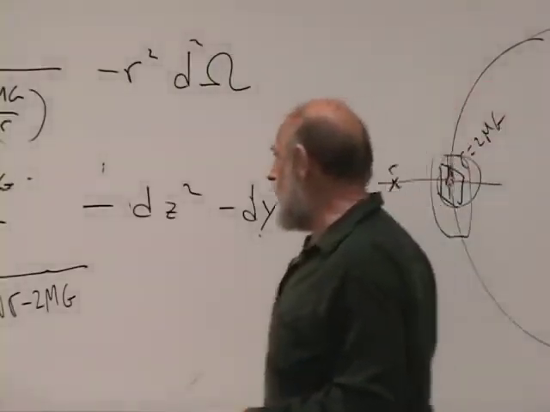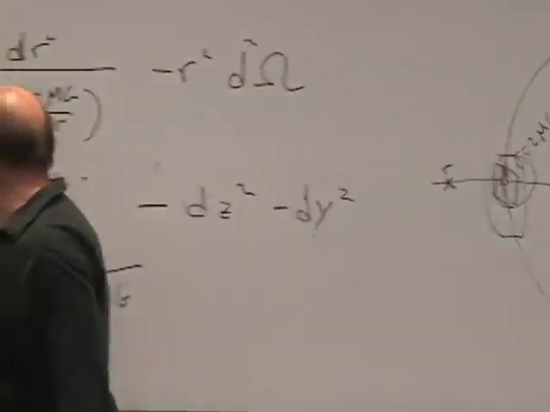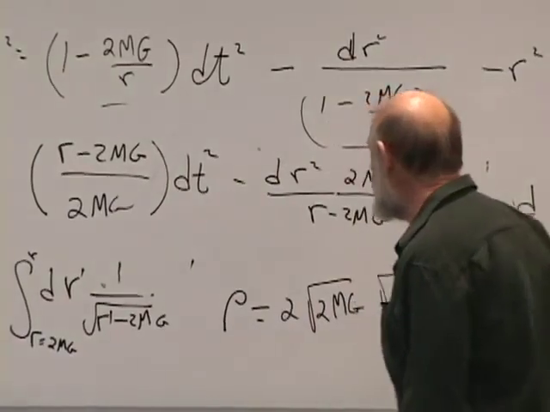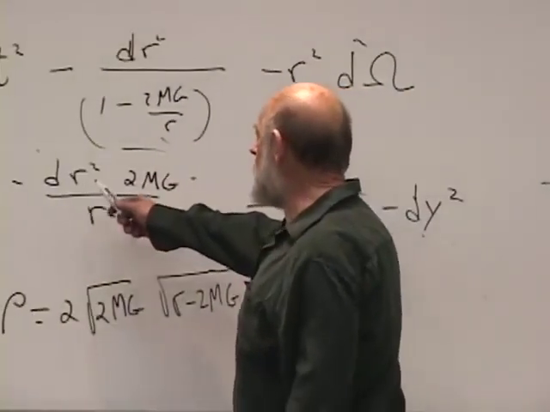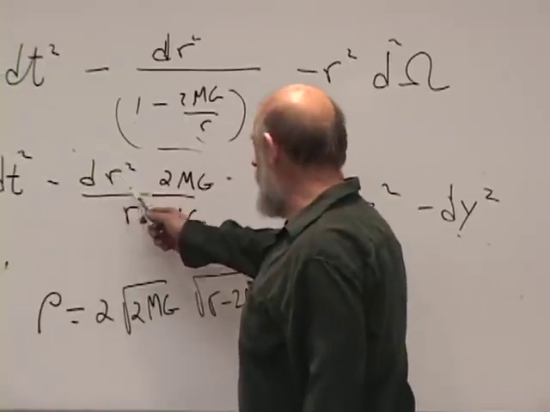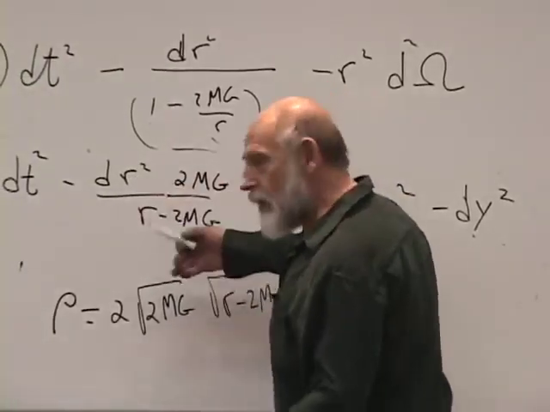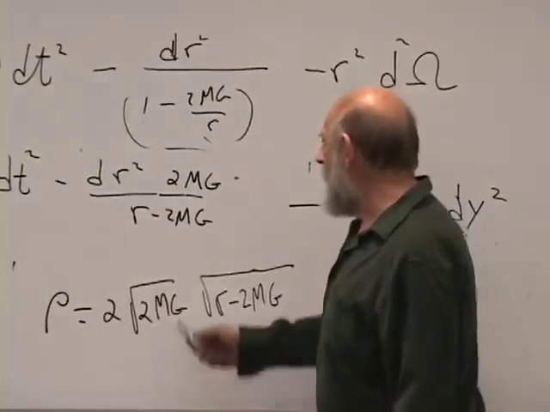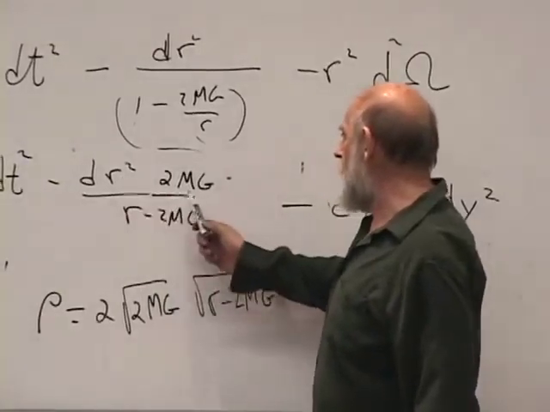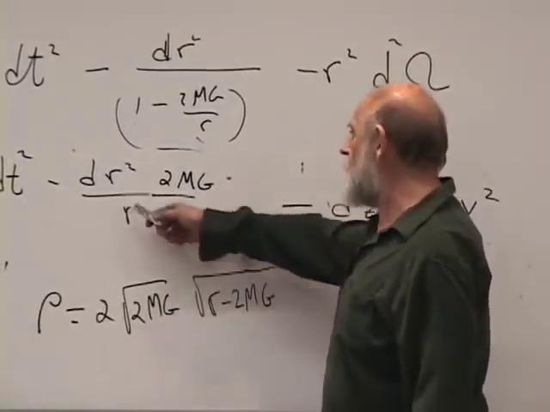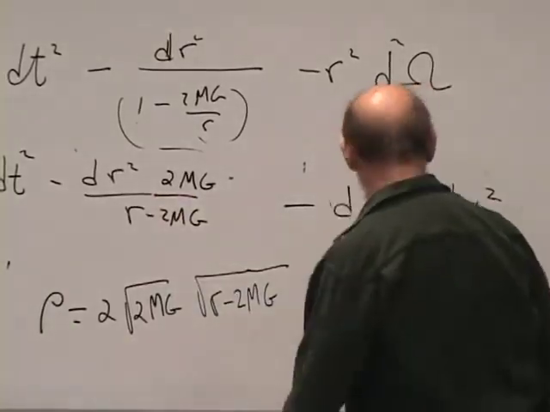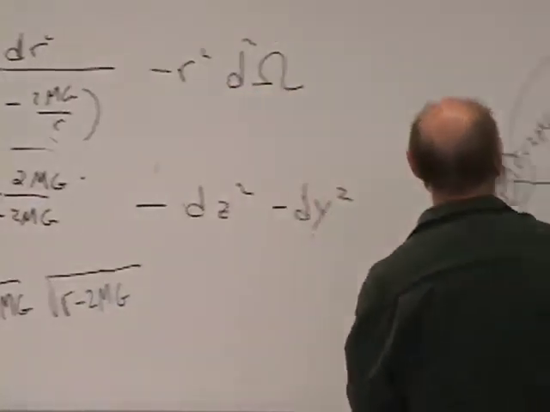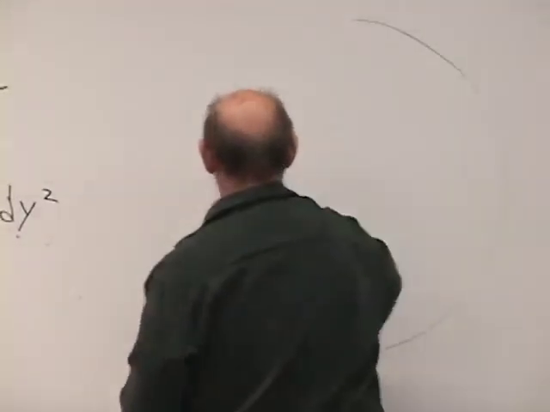Okay, that was the first step. Simplify this way. The next step was to compute the proper distance that corresponds. In other words, really simply stated, it was just setting dr squared over 2mg times r just equal to d rho squared, and figure out what rho is. Let's just think of it that way.